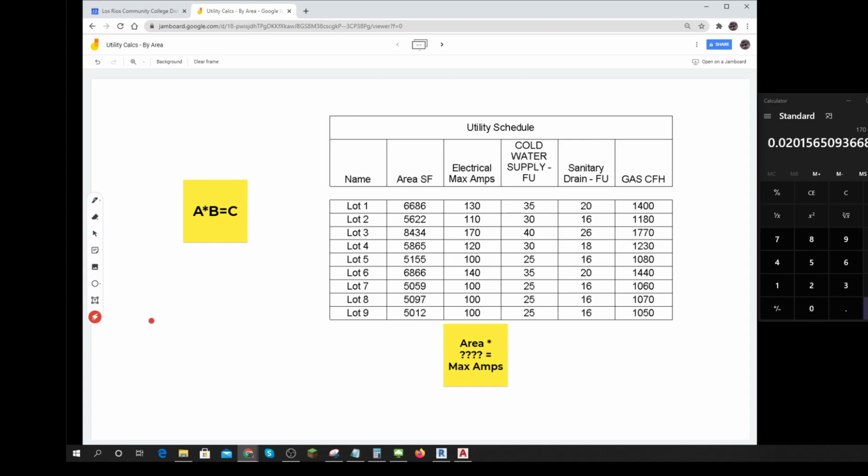Okay? Two things multiplied together make a third thing. In this case, area is my first thing, I don't know what my second thing is, and max amps are my third thing.